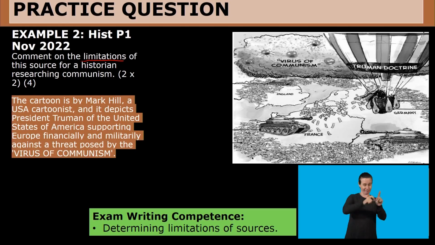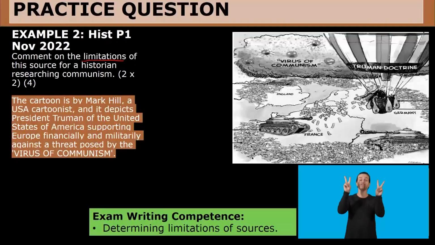This is a cartoon now, it's a visual source. So in terms of history, you can be asked limitations questions on textual sources or visual sources. So the caption of this cartoon is, the cartoon is by Mark Hill, a USA cartoonist. So that is very important. You need to know where it comes from.